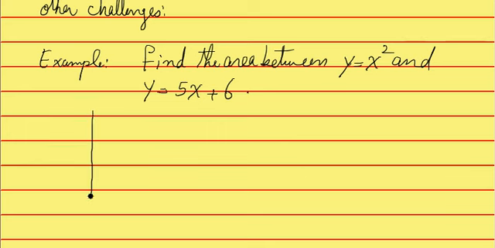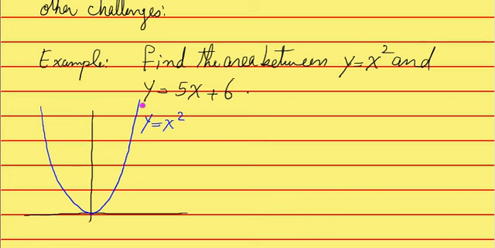So y equal to x squared, well, that's just a simple function. Go ahead, draw a nice parabola here. Suppose this is y equal to x squared. Now y equal to 5x plus 6. I have to change my scale here to be able to fit my picture.